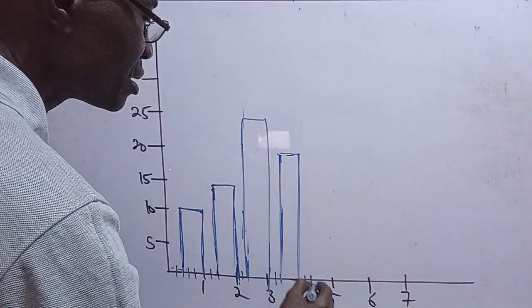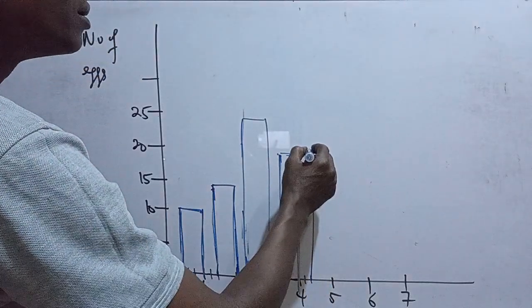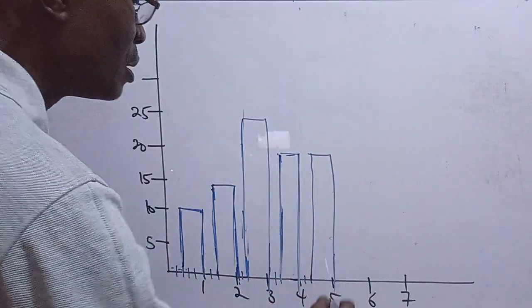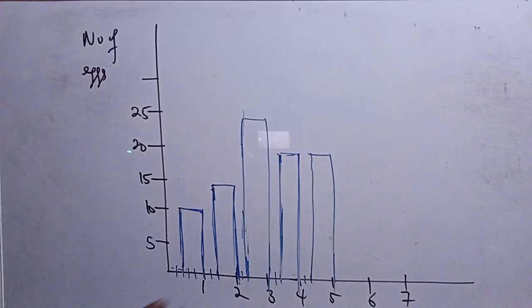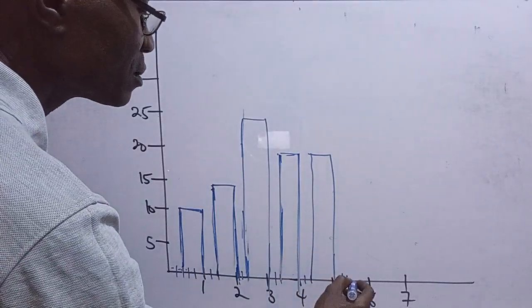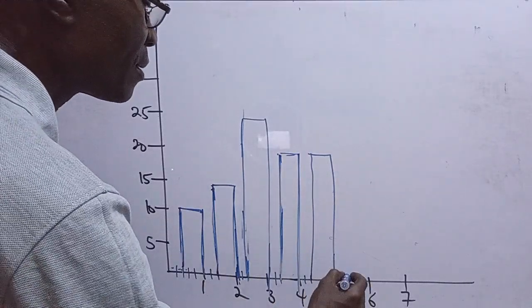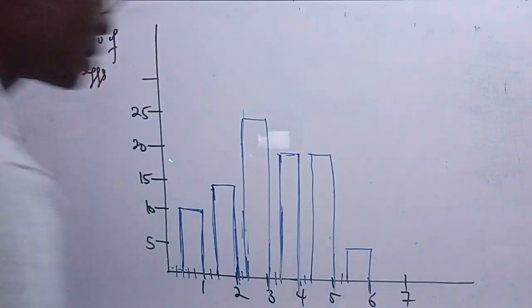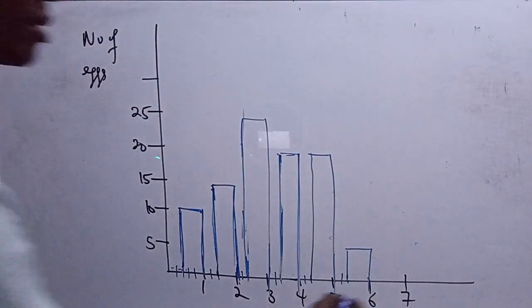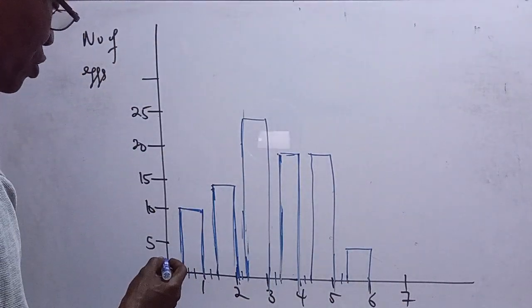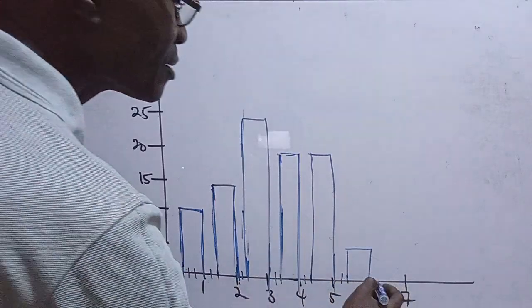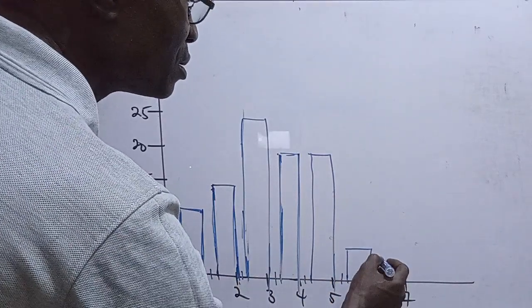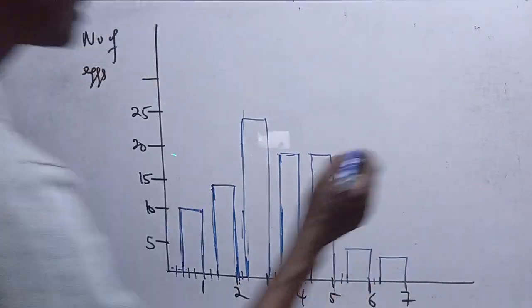Leave another 2 boxes. The sixth day, 5. Another 2 boxes. 5 is around here. And the seventh day, 3. Let's say 3 is around 1, 2, 3. So leave 2 boxes also. This is 3.